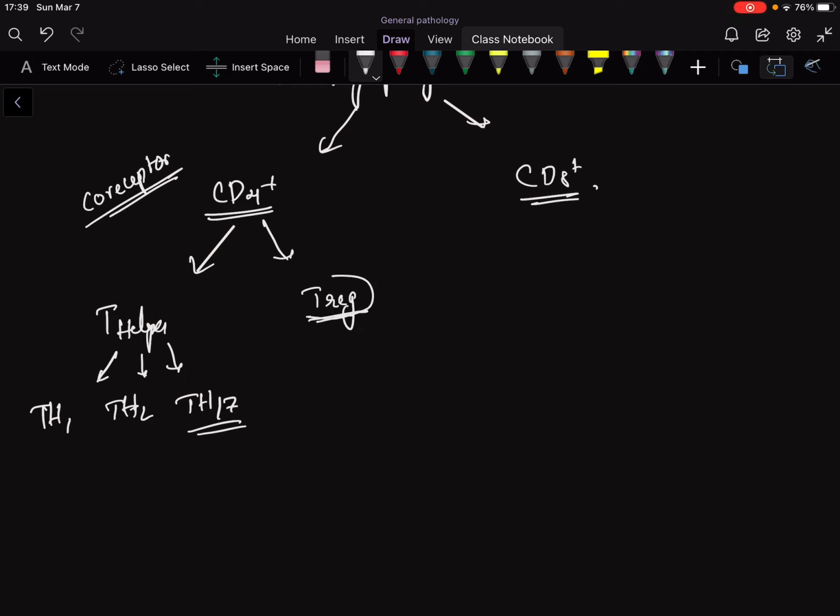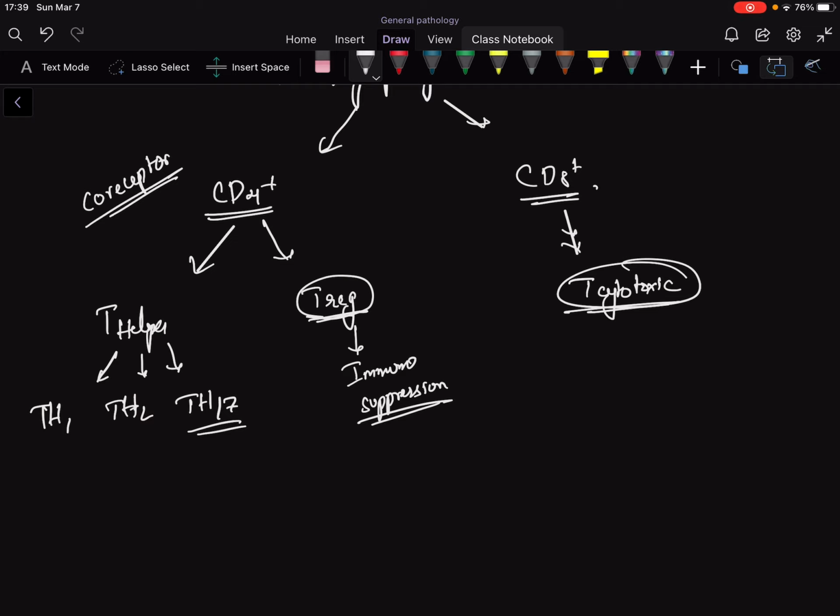T regulatory cells are used in immunosuppression. Next we will be talking about CD8 positive. CD8 positive are mainly T cytotoxic. T cytotoxic comes under CD8 positive.